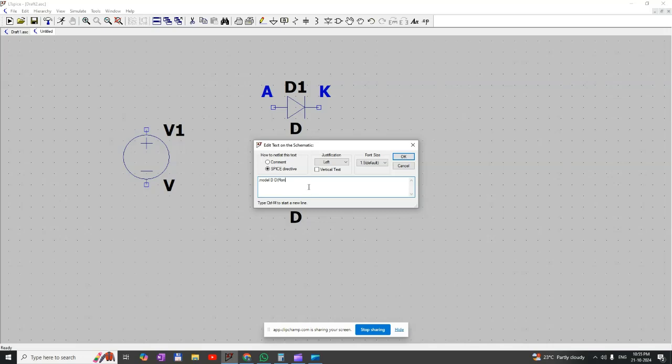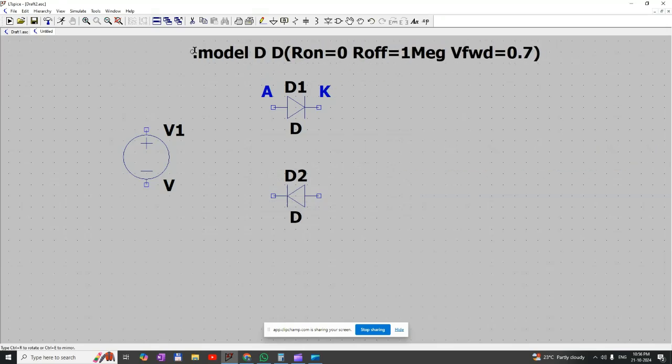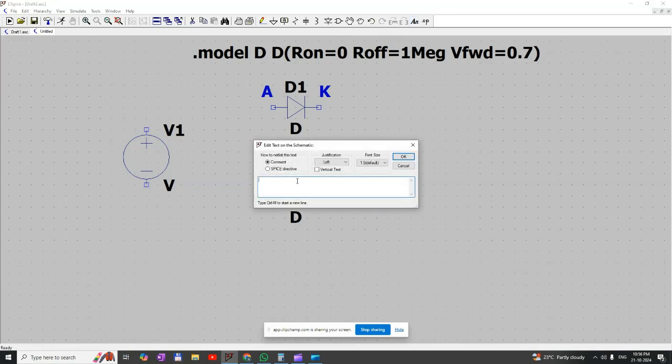For this diode, due to the cutoff voltage 0.7 volt, the voltage at the anode must be greater than the voltage at the cathode plus 0.7 volt.